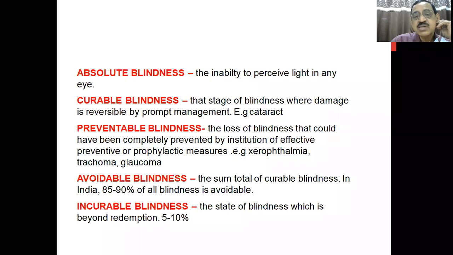Example, cataract or corneal blindness also, when we do a keratoplasty, it is reversible, they will be able to see. And preventable blindness is the loss of vision that could have been completely prevented by the institution of proper treatment or preventive or prophylactic measures, such as in the case of xerophthalmia, with proper administration of prophylactic doses of vitamin A, both in pregnancy, to lactating ladies, and to children below 6 years.